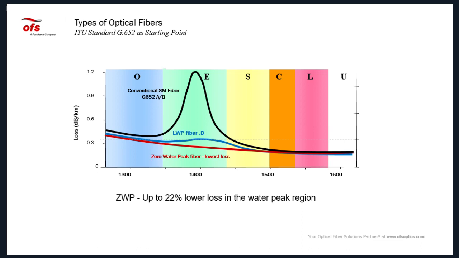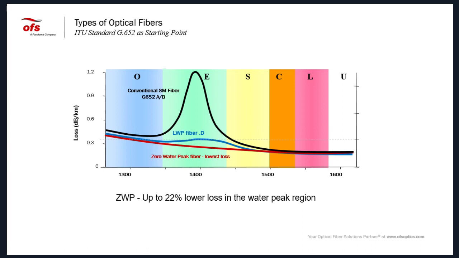This is the conventional single mode fiber. This peak of attenuation is due to the presence of water molecules inside the core of the optical fiber. Then the technology advanced, and we now have the low water peak fiber, which is the blue curve. The attenuation is smaller than the black curve, but is still there.